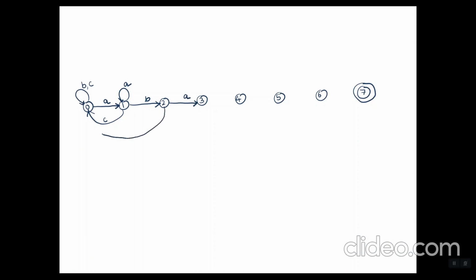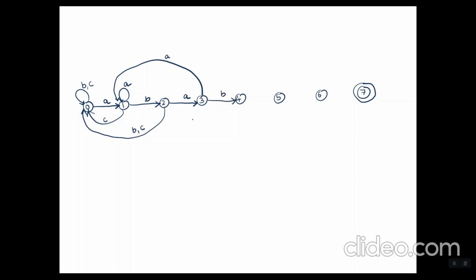So it accepts B and C and goes to state 0. Similarly, based on the table, I am going to fill in the remaining entries. State 3 accepts A and goes to 1. State 3 accepts B and goes to 4.